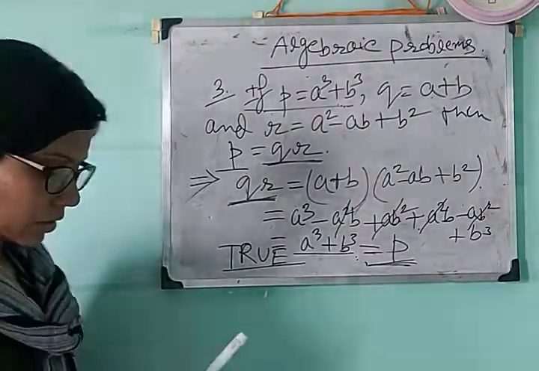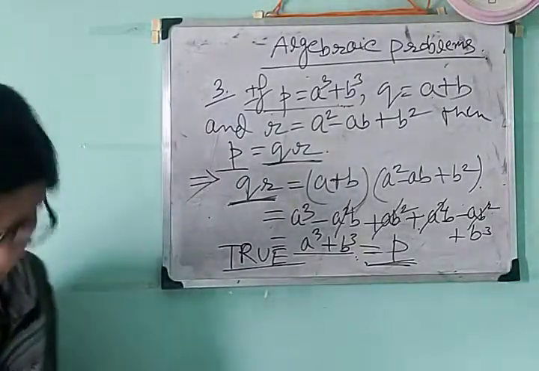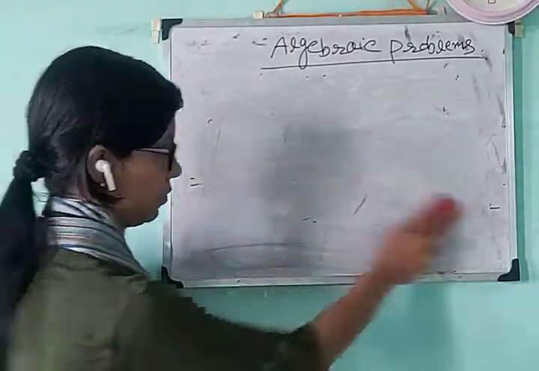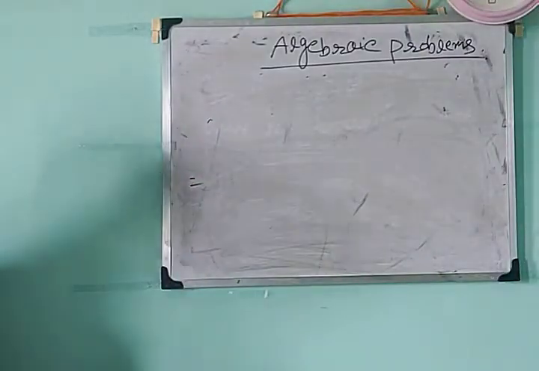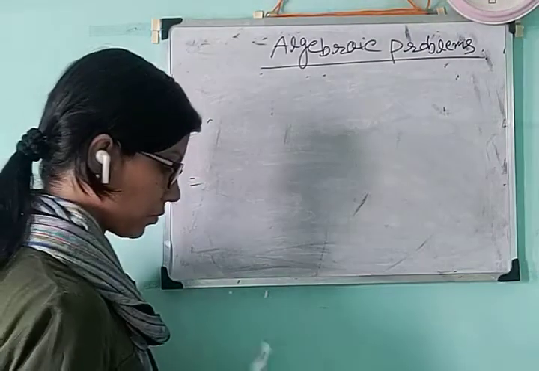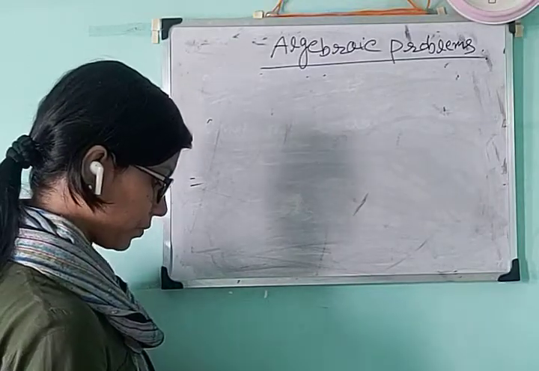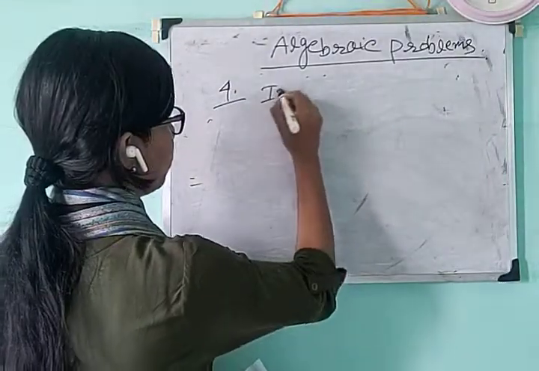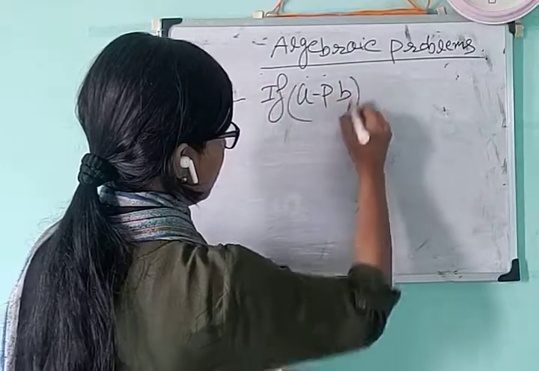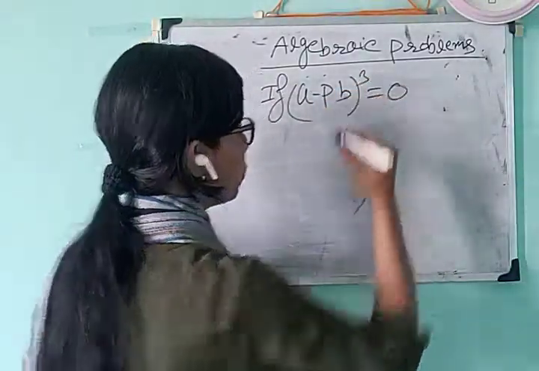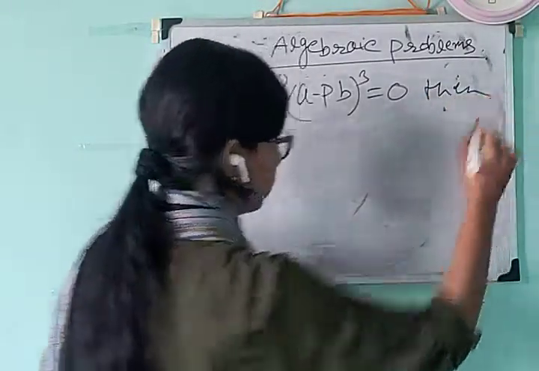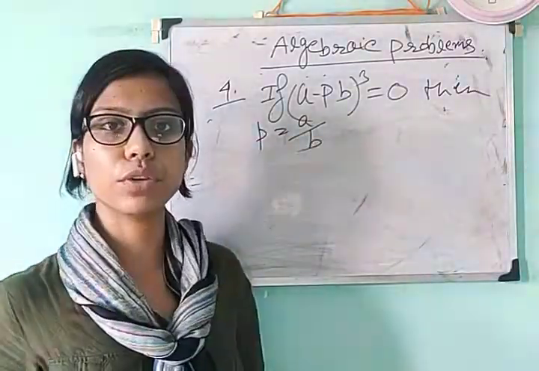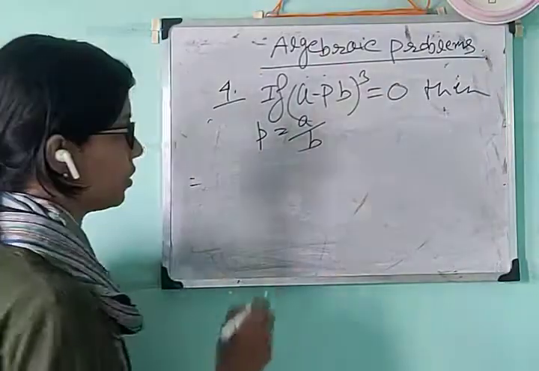Fourth: if a minus pb whole cube equal to 0, then p equal to a by b.